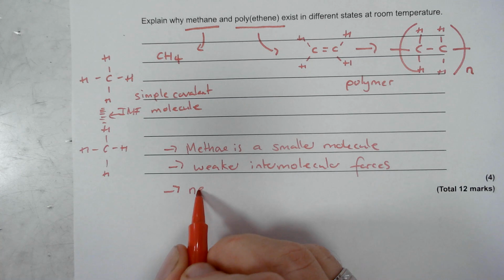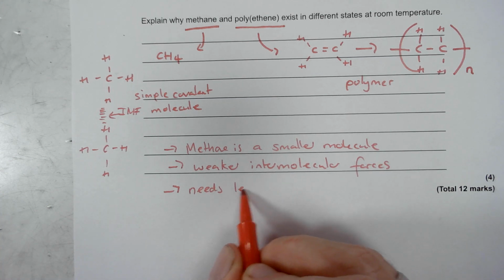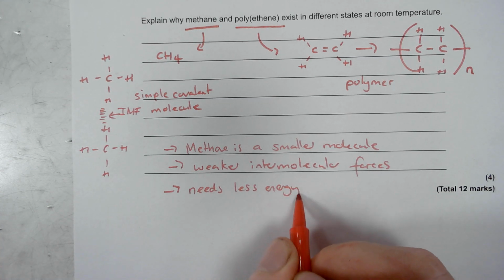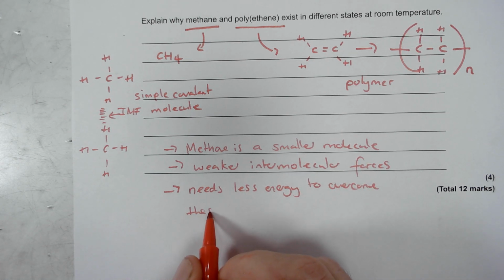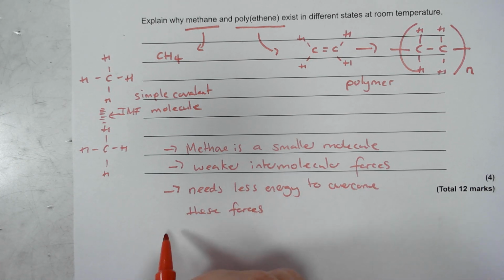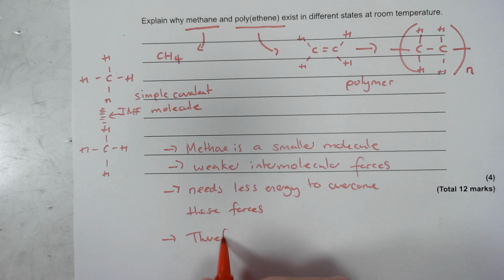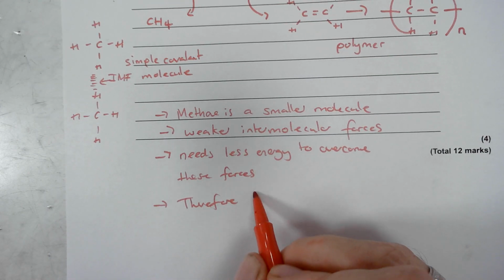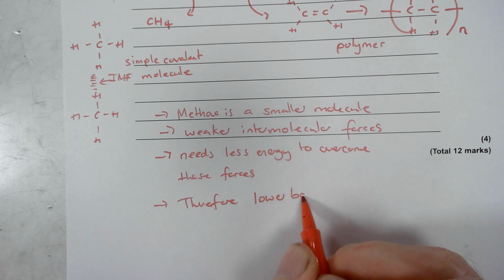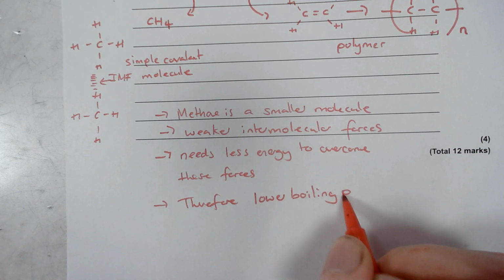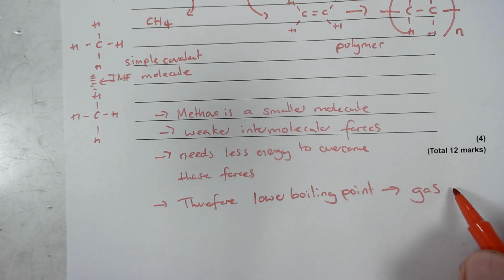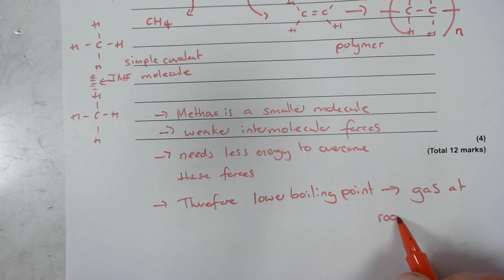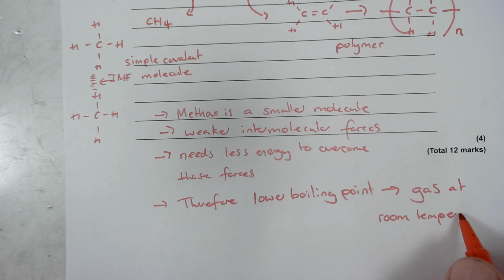I can say here it needs or it requires less energy to overcome these forces, and therefore I have a lower boiling point. And so it's a gas at room temperature. Okay?